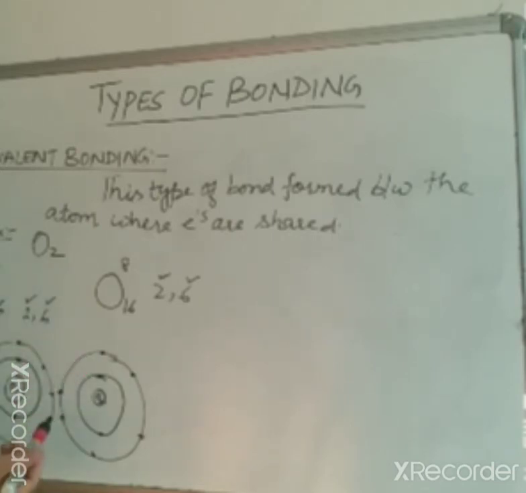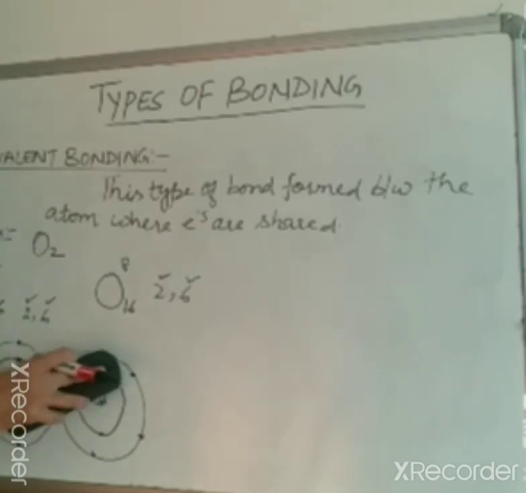And both are not stable. To become stable, they both need 2 electrons to complete its octet and become stable. For this, what they will do, they will share 2 electrons with each other to become stable.